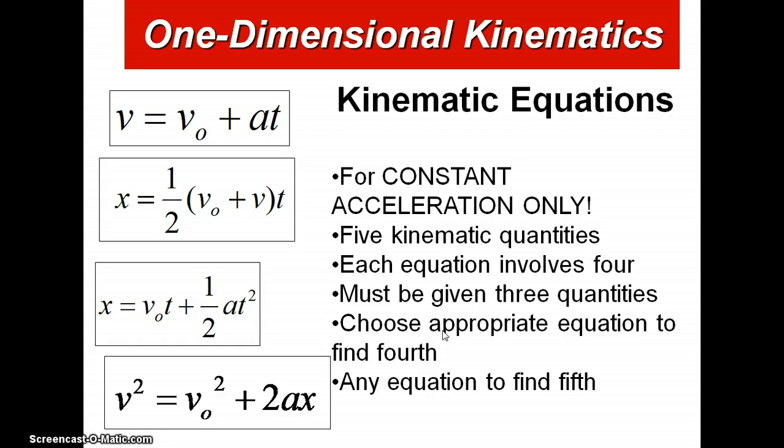You need to be given three things for this constant acceleration motion. Choose the appropriate equation to solve for the fourth, then use any of the other equations to solve for the fifth. It's that simple. Read, find out what you're given, pick one of the equations, and solve. Okay? So, kinematic equations.